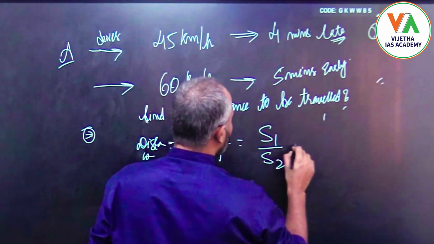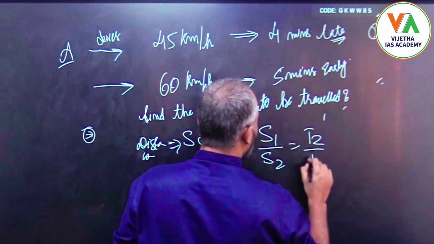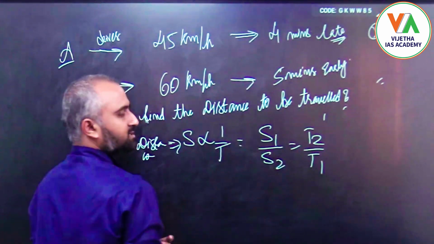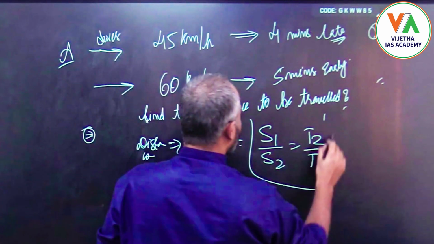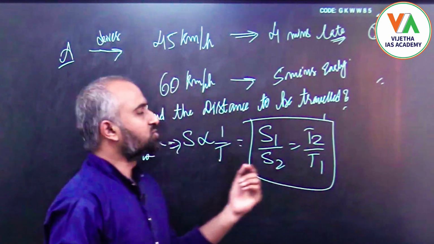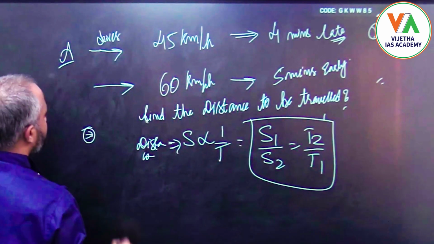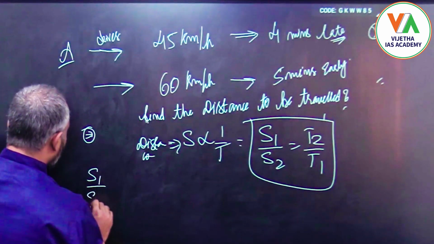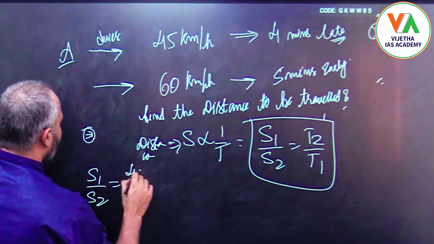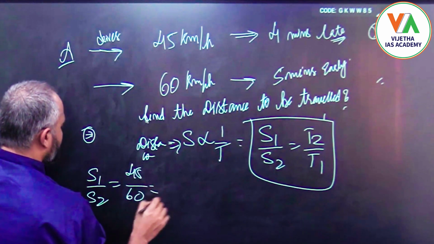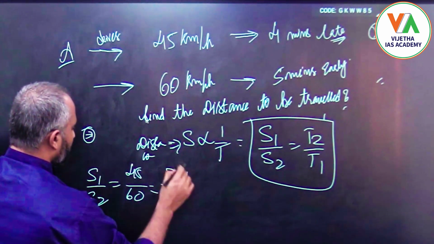S1 by S2 is equal to T2 by T1, since speed and time are inversely proportional. Now see how easy it becomes to solve. 45 kilometers, 60 kilometers. So, speed 1 by speed 2 is 45 by 60, which is 3 by 4.